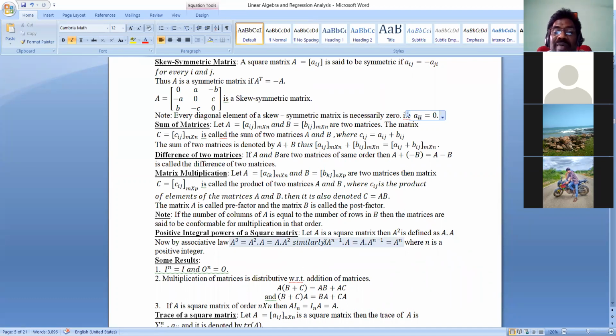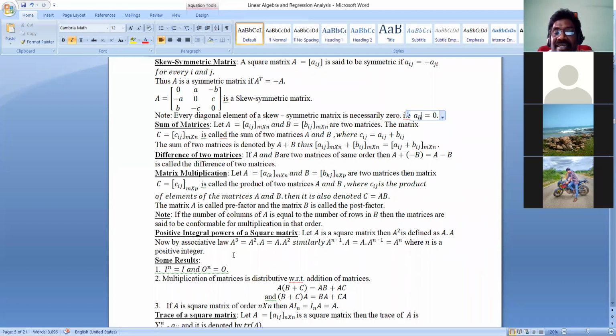Similarly, A power n equals A power n minus 1 into A, or A into A power n minus 1, where n is a positive integer. This is called positive integral powers of a square matrix.